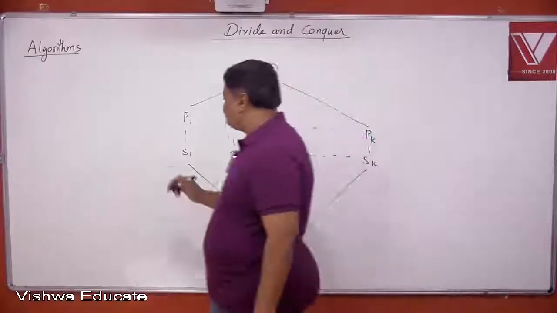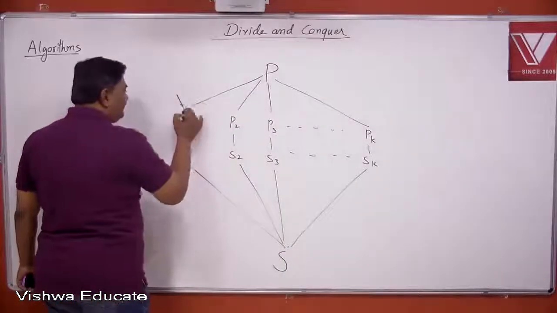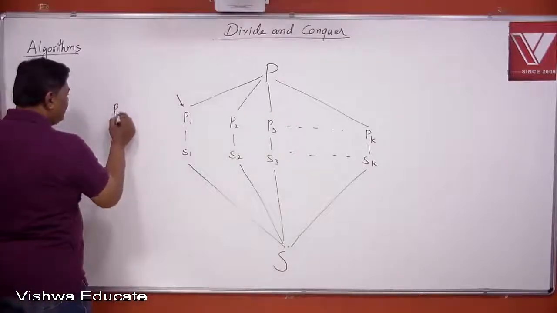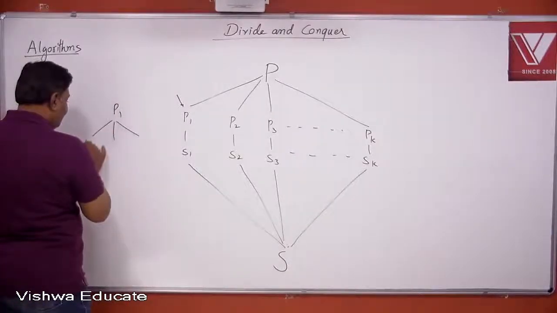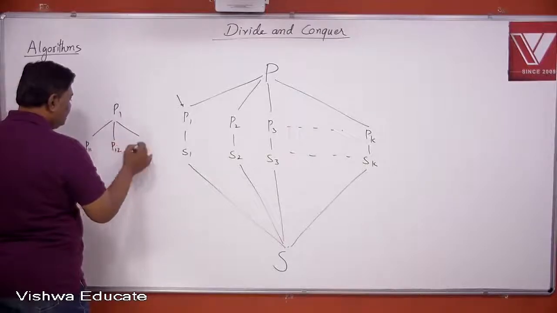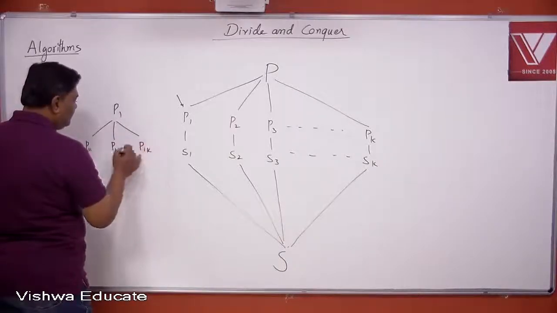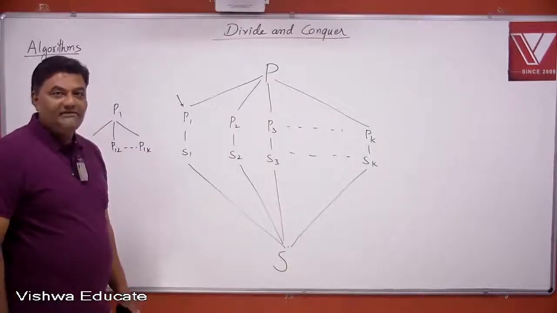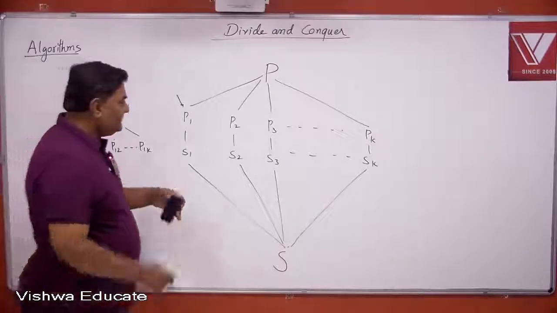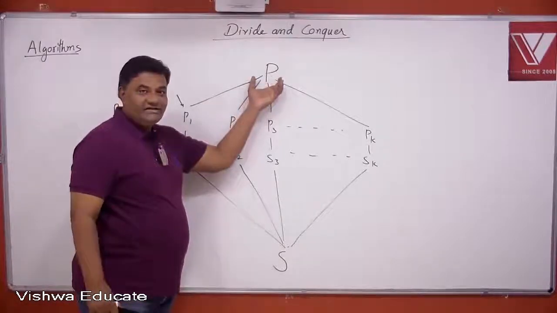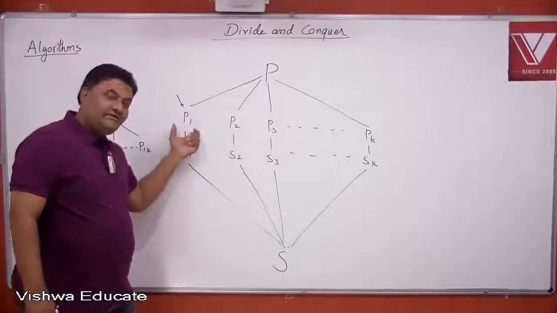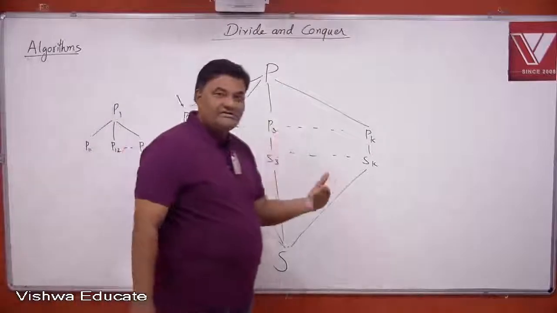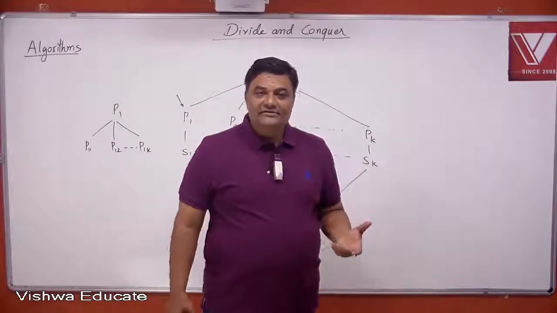Then what if a sub-problem is also large? Then on the sub-problem also, you apply the divide and conquer strategy. So on this, division is done. This is also large, again division is done. That is also large, division is done. Then where to stop?